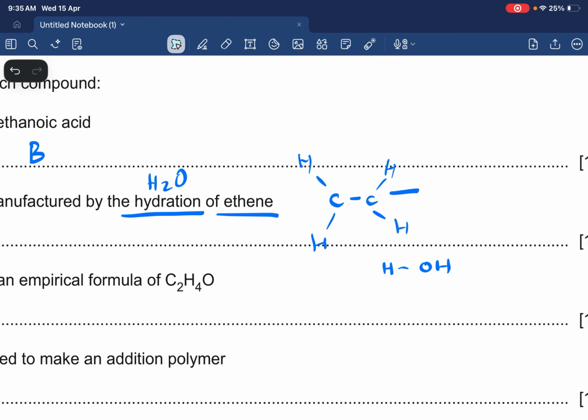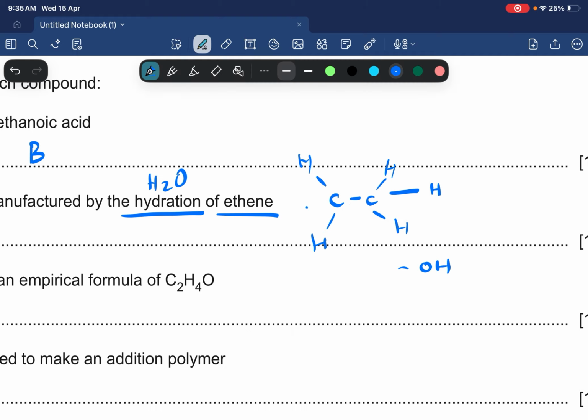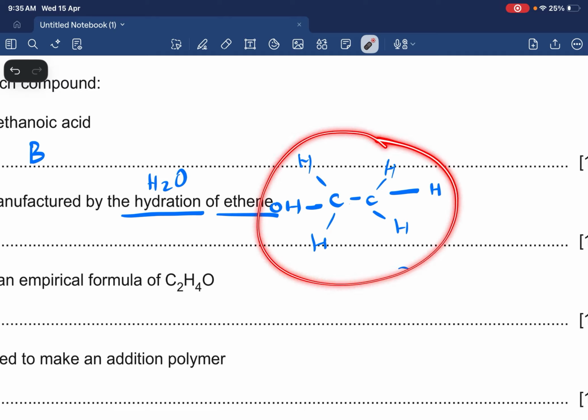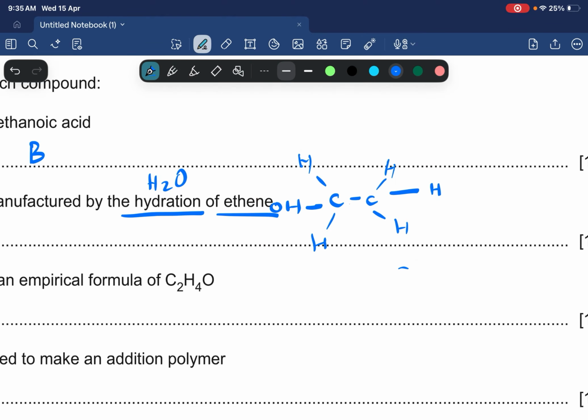One H is going to attach over here, and this OH is going to attach over here. So what kind of substance do you form? This is your ethanol. So when you hydrate your alkenes, you form alcohols. And what are the conditions for hydration? Do you guys remember? You need phosphoric acid as your catalyst.